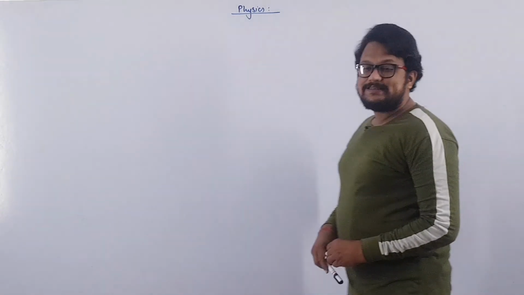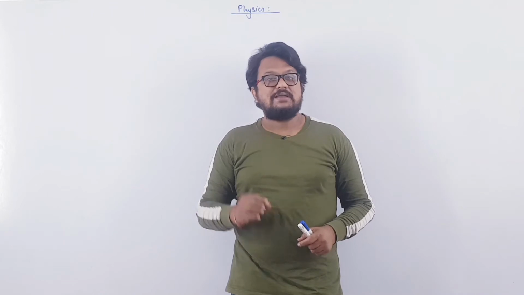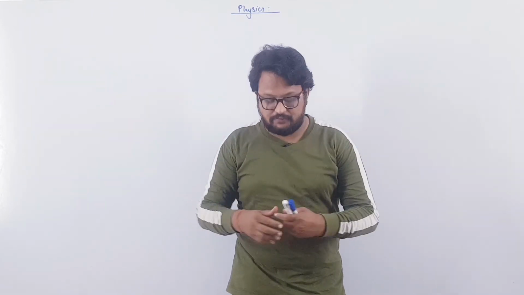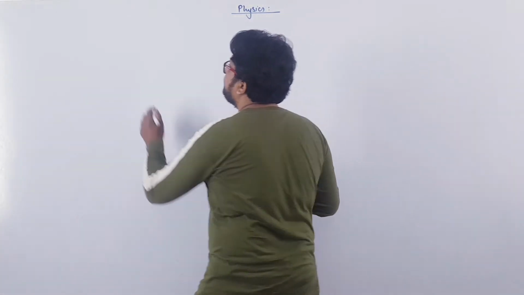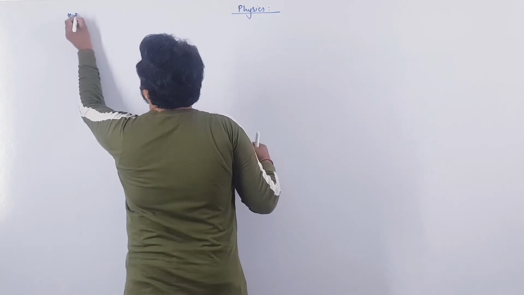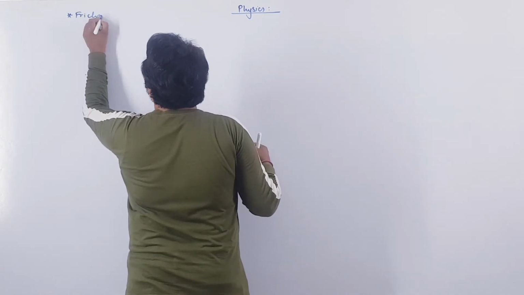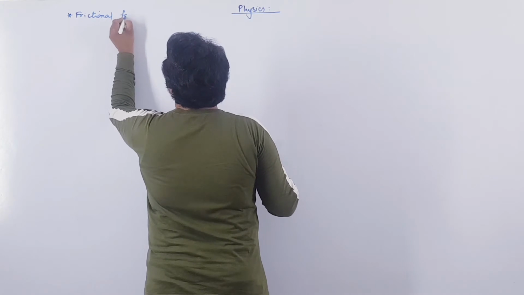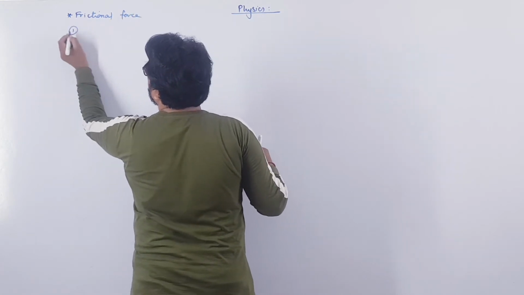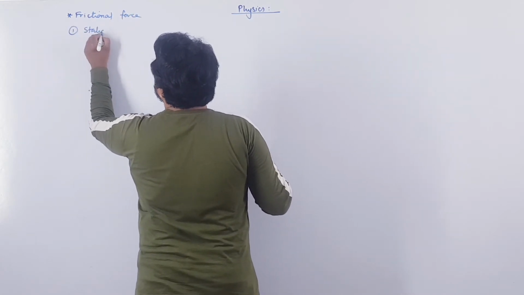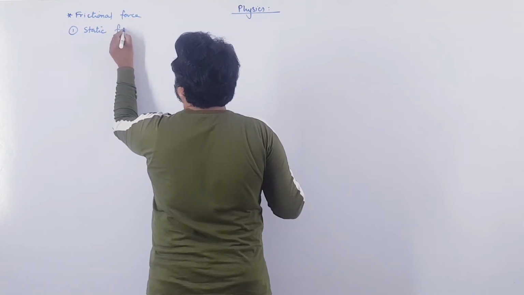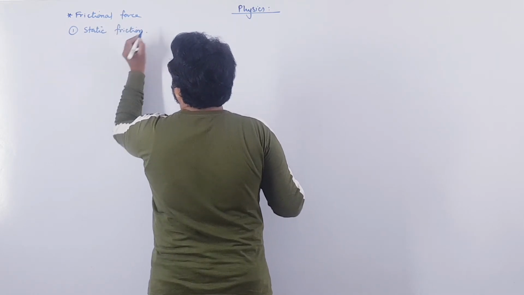So here we can say that the limiting value of the frictional force, or the maximum frictional force, is independent of the area of contact. Let us write again that we were discussing frictional force. In that first one we discussed static friction, right?